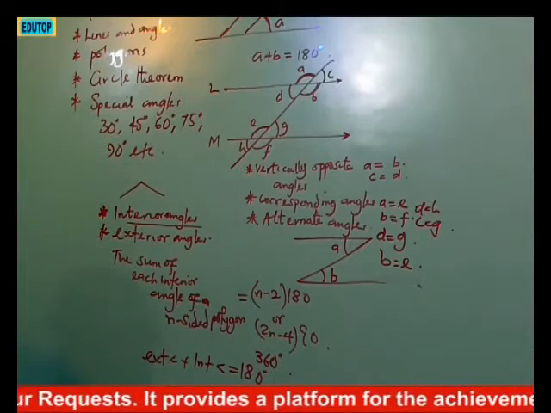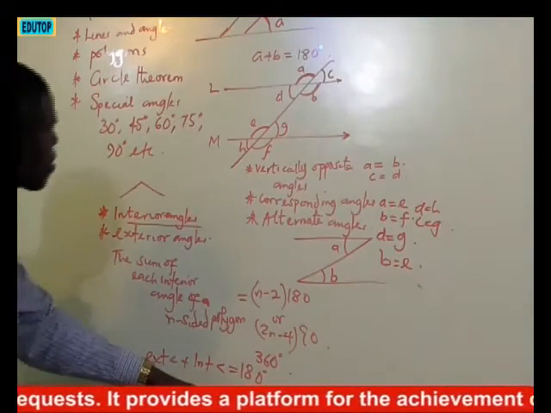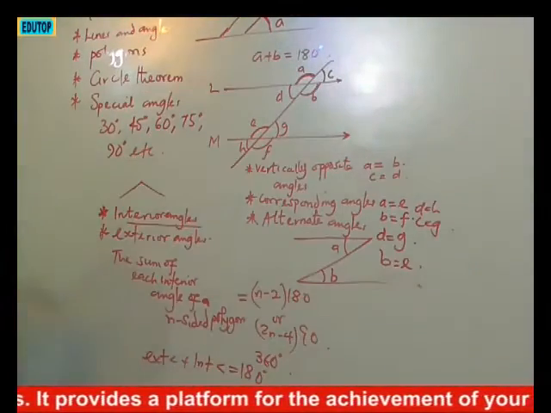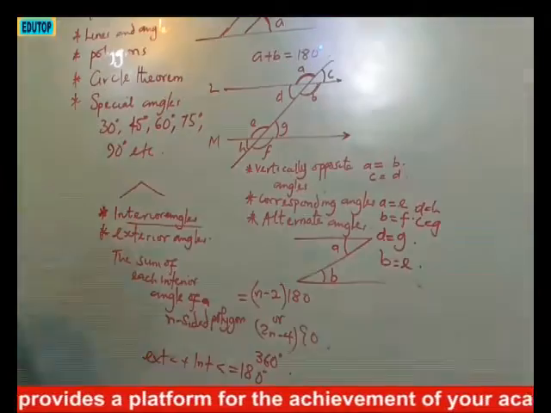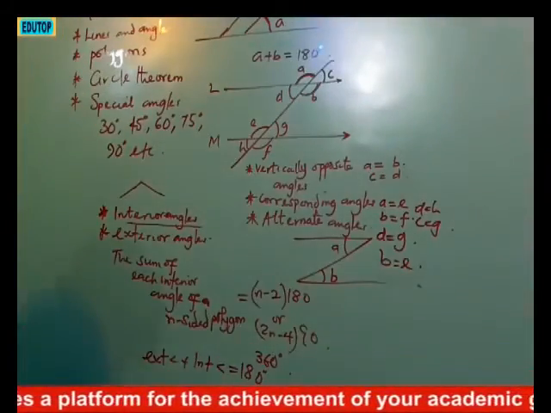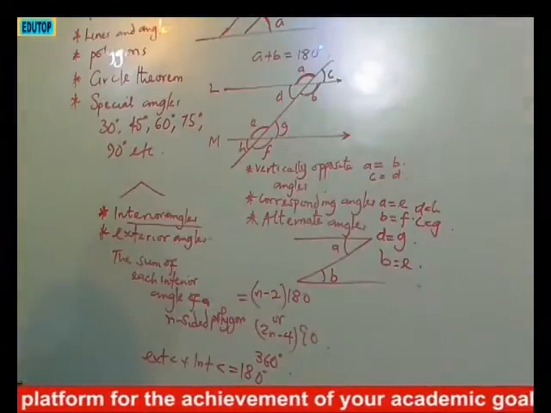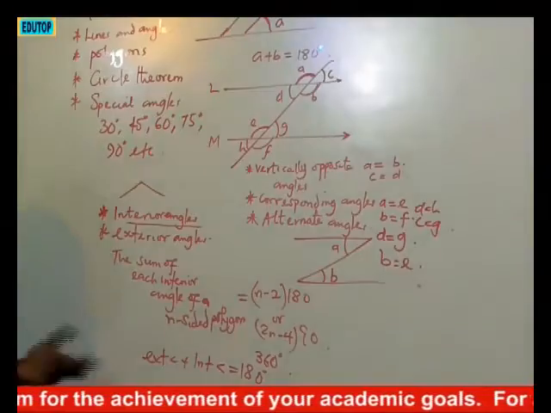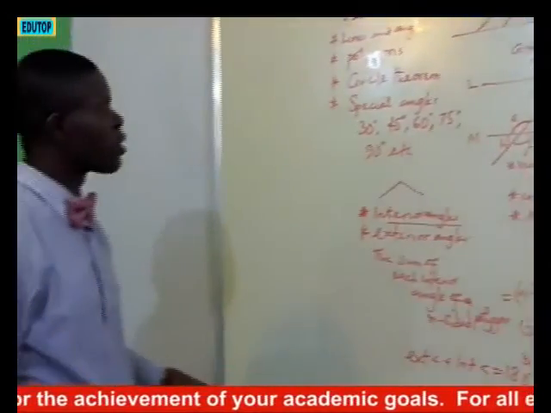So in that situation, we need to note that. Then we have different kinds of polygons, such as quadrilateral, pentagon, hexagon, heptagon, octagon, nonagon, and so on and so forth.